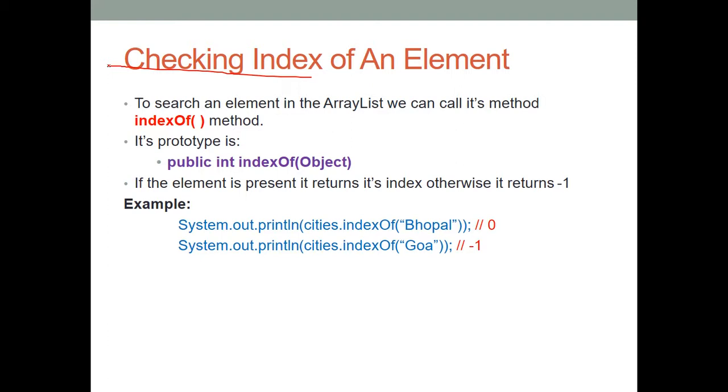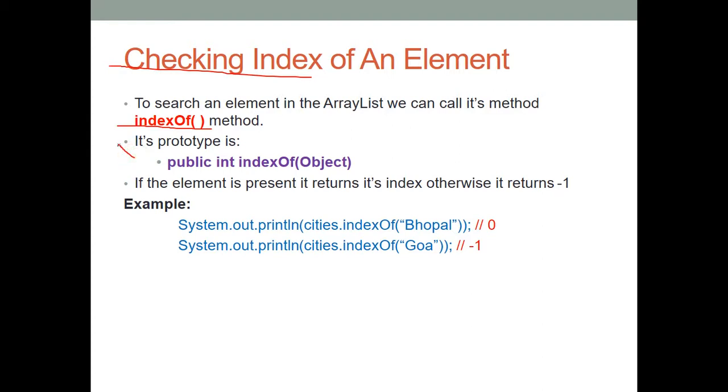For example, you have a list of data: 10, 20, 30, 40, 16, and you want to search for 20, to find which index number it is available at. So you go for indexOf, and it is a really very important method for doing operations on an ArrayList.